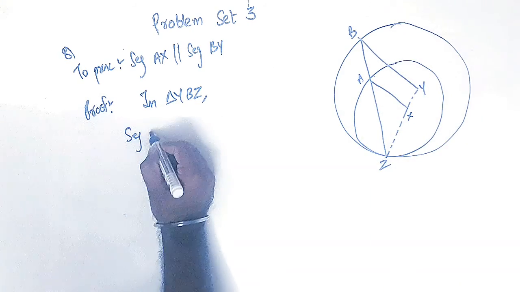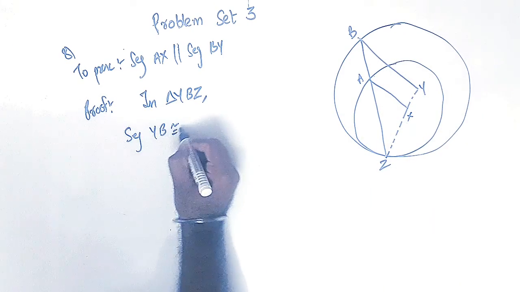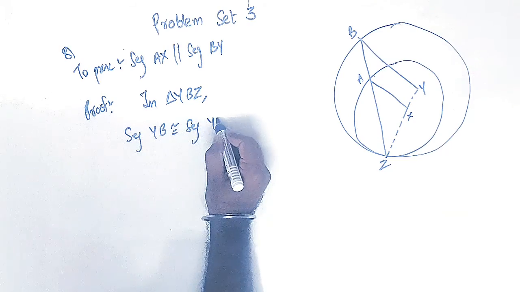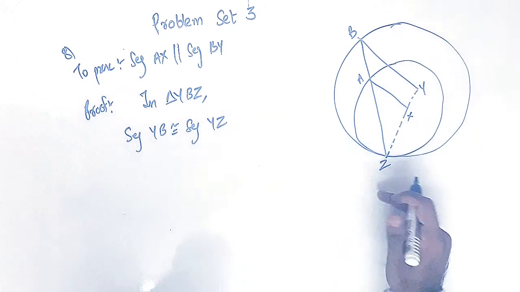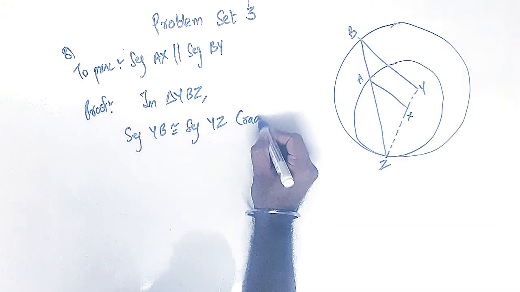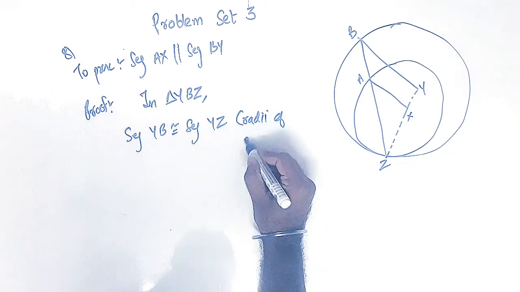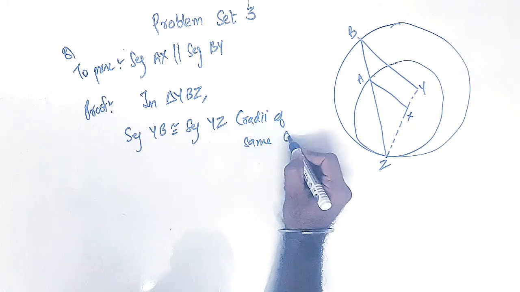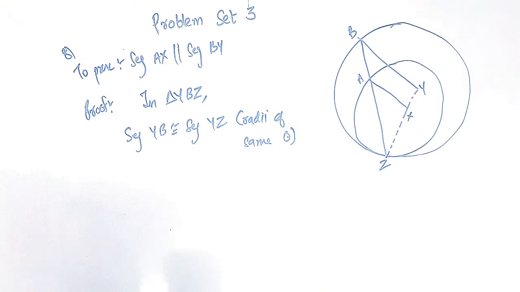Can I say seg YB is congruent to seg YZ? Yes, because they are radii of the same circle.